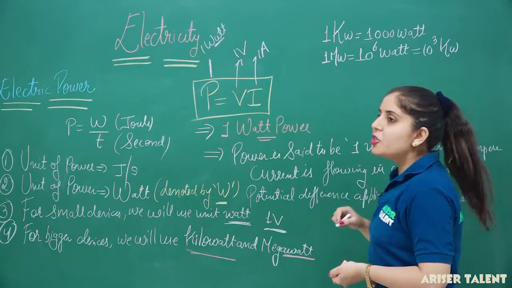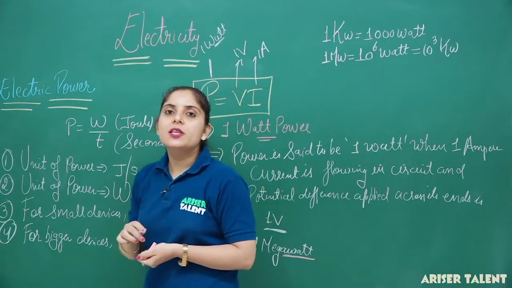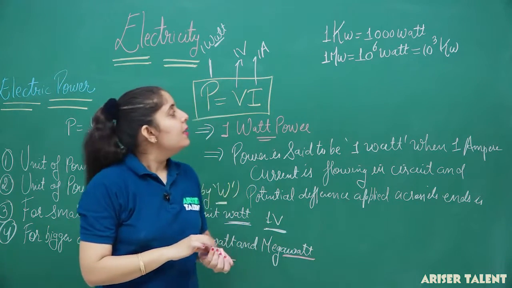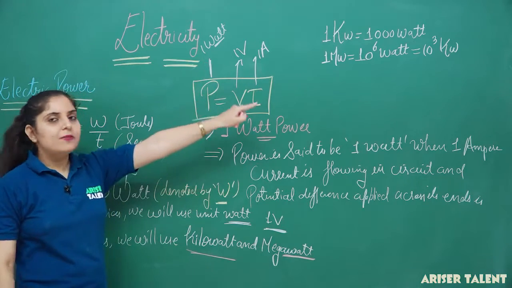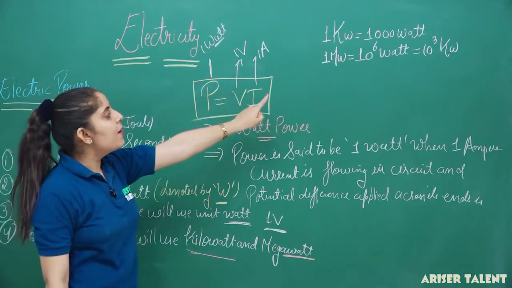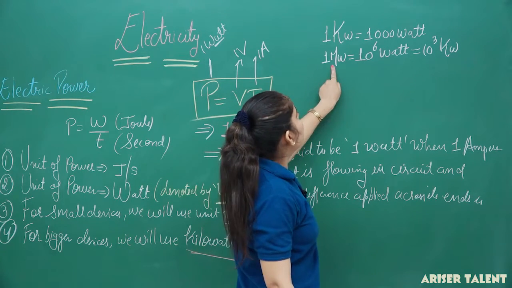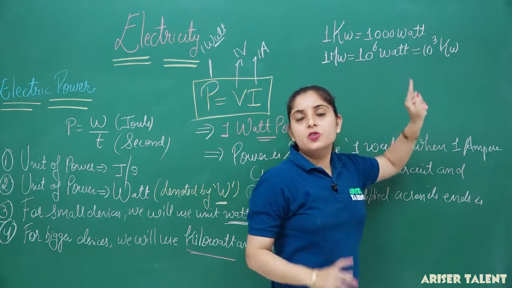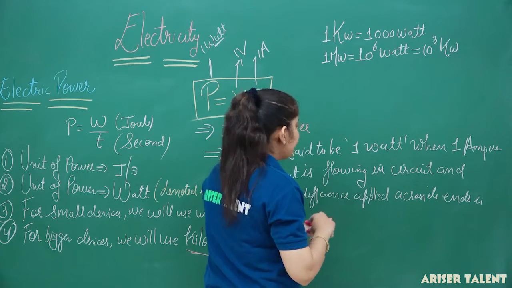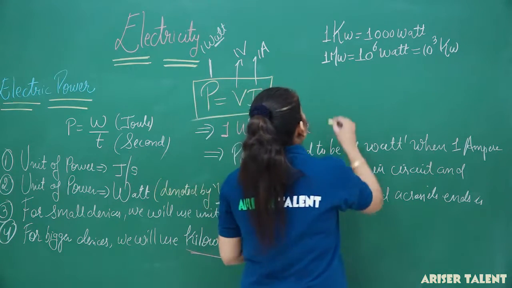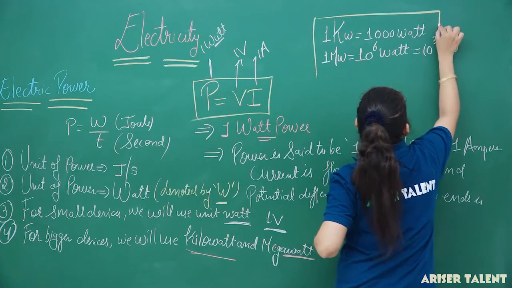So these are the conversion formulas that we will use in the numericals. So 1 megawatt is directly equal to 10 raised to the power 3 kilowatts.